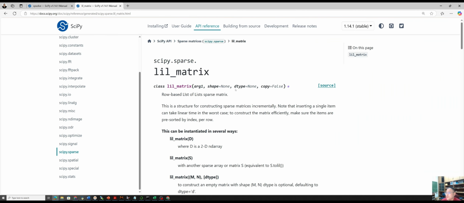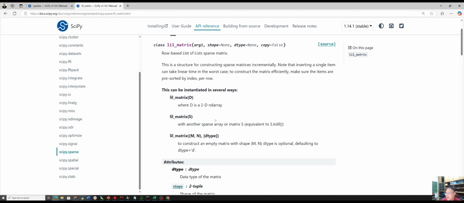So lil matrix is a structure for constructing sparse matrices incrementally. Note that inserting a single item can take linear time in the worst case. So to construct the matrix efficiently, make sure the items are pre-sorted by index per row. Okay, what does it mean?